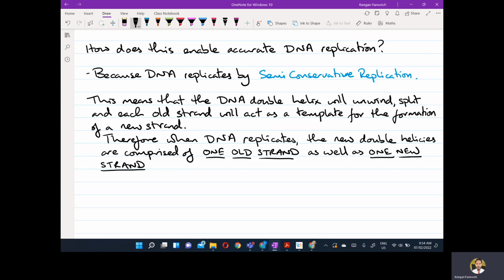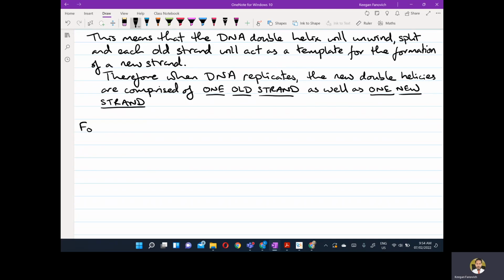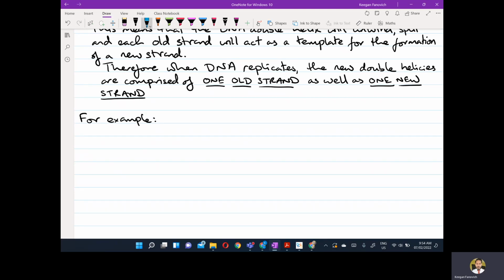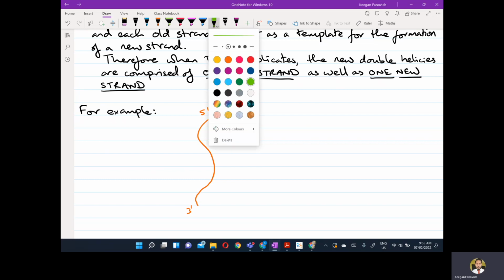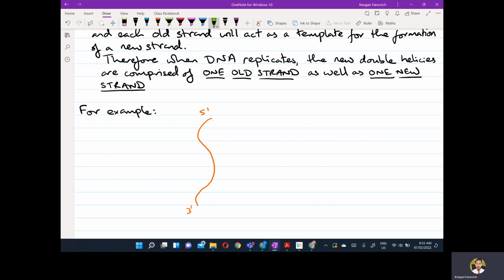Okay, as with everything, diagrams tend to make it easier. So if we were to look at this, let's say that we have our strand and it looks like this. So we're going to make our double helix. That's one strand. Let's call this our 5' to 3' strand. How about the green? And the next strand would be the antiparallel strand that also wraps around the same corners, but therefore it's antiparallel.